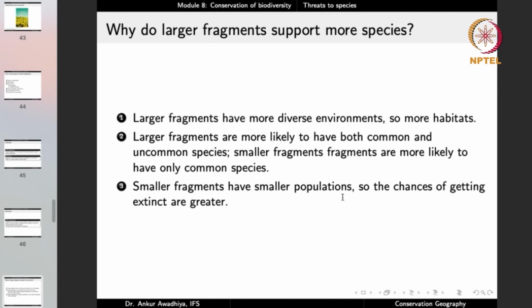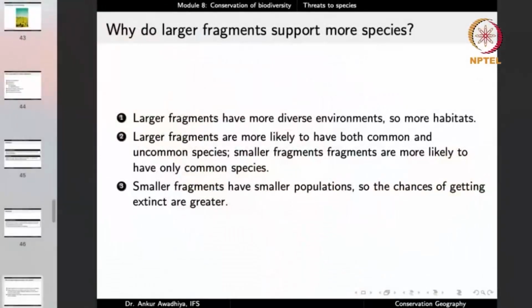And also the smaller fragments have smaller populations, so small population dynamics also plays a big role. So the chances of going extinct are greater. So typically larger fragments are vastly more important, vastly more useful for the survival of a species. Once we break them into smaller fragments, they are of very little utility, even though a large portion of the habitat remains.